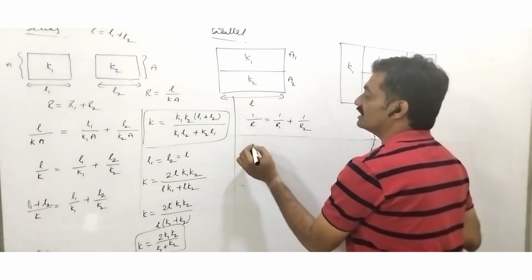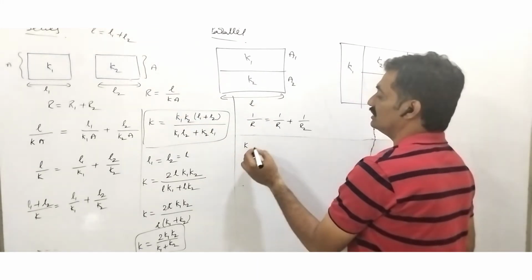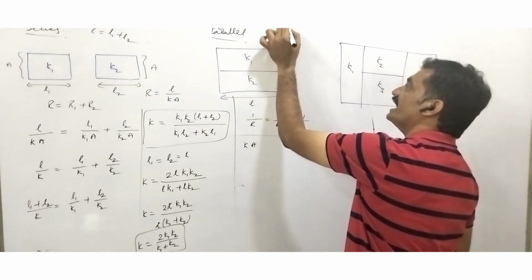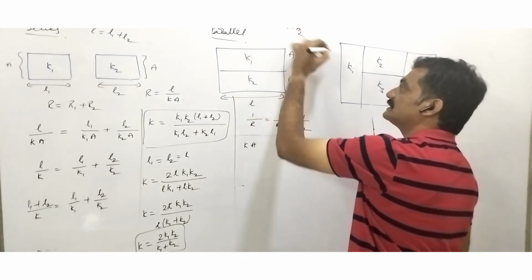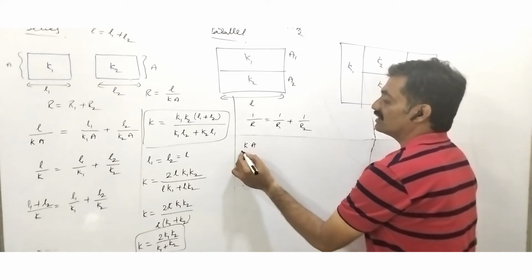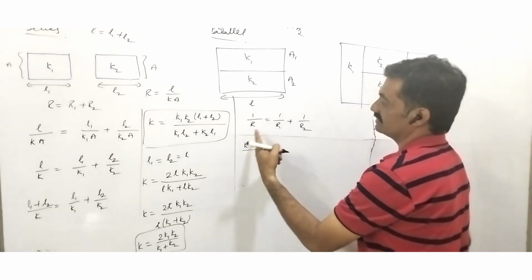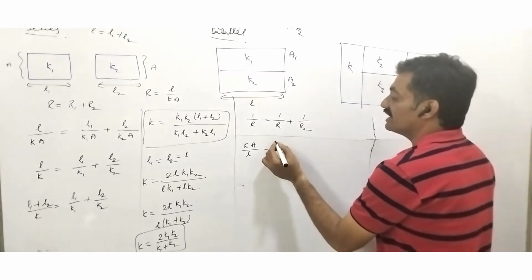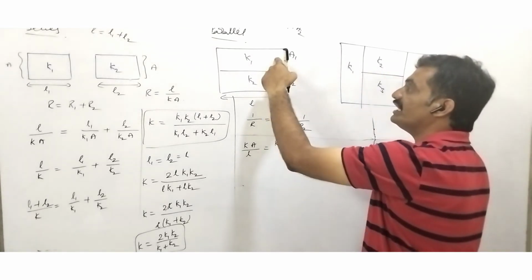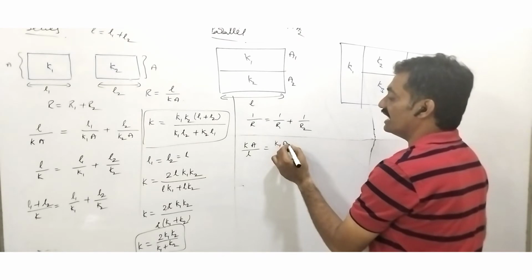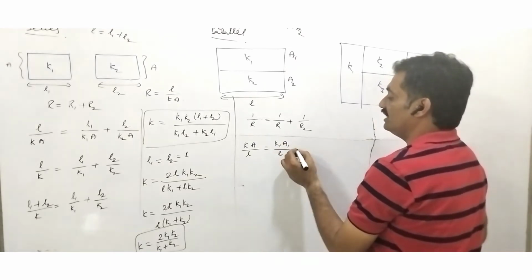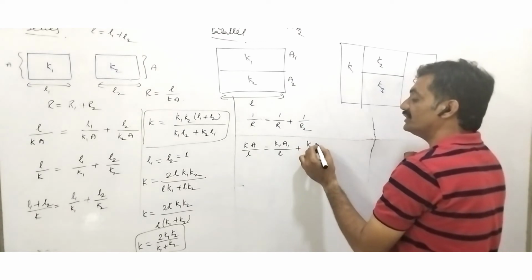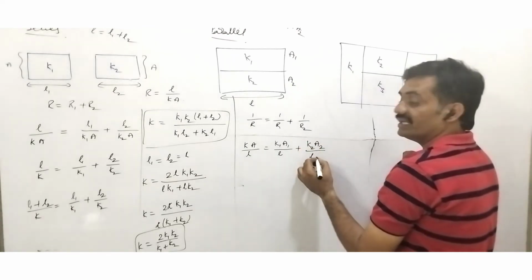So as you substitute that, observe that A is nothing but the sum of the two areas, A1 plus A2. So here KA by L equals K1 into the area of this conductor, A1 by L, plus K2 into A2 by L.